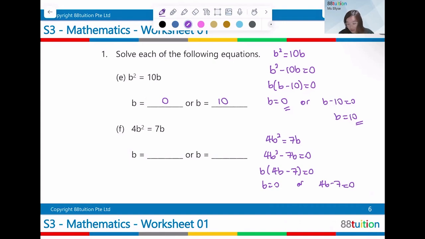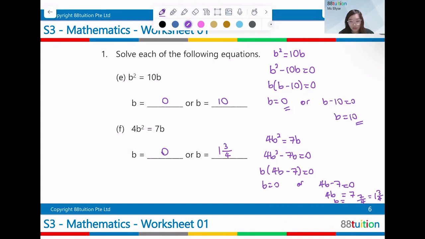Here just bring the 7 over, and as you divide by the 4, it becomes 7 over 4. Then this in turn changes into 1 3/4. So these two are answers already: 0 and 1 whole and 3/4. Okay, so that's for question 1.